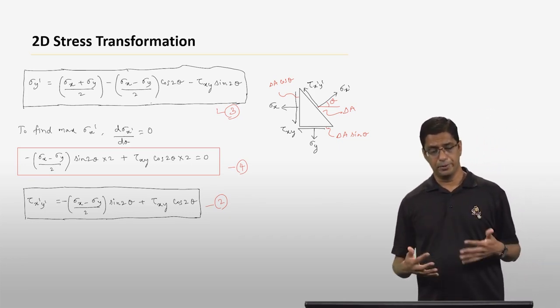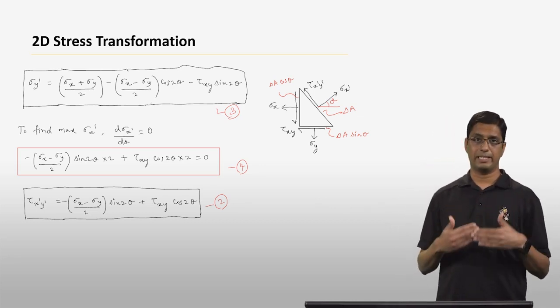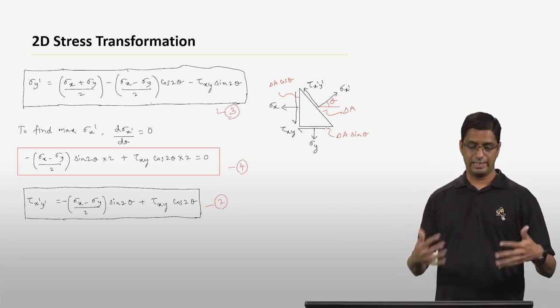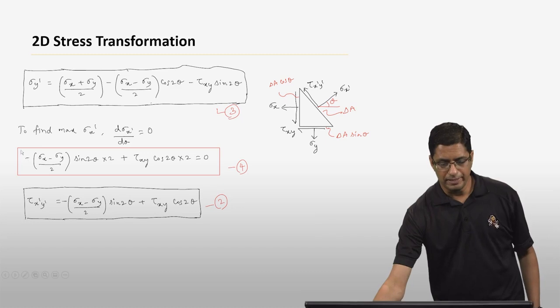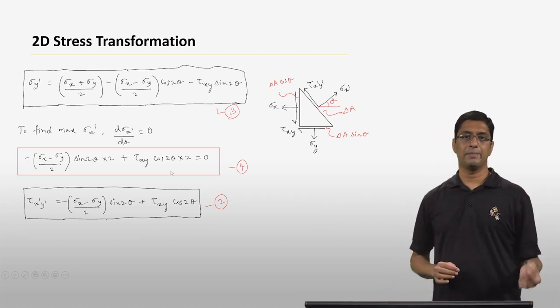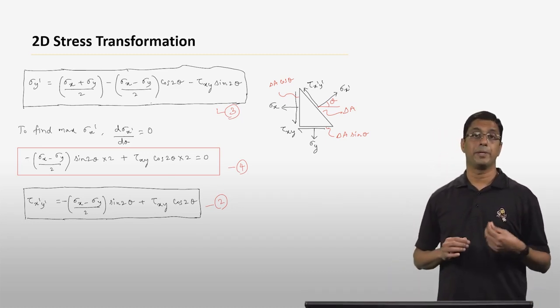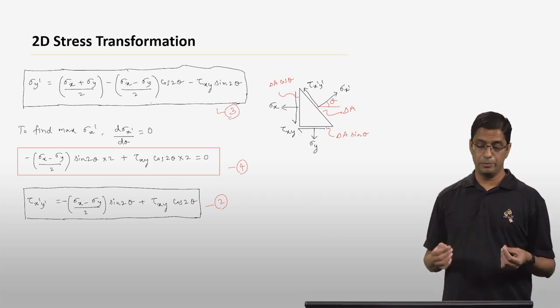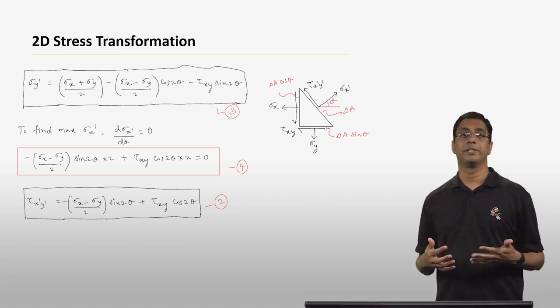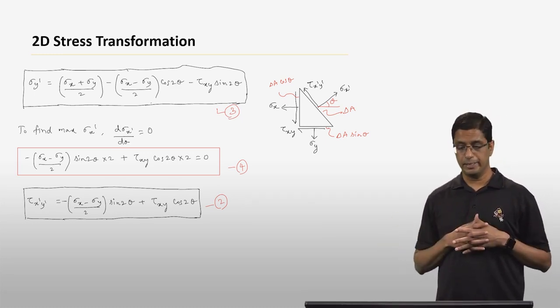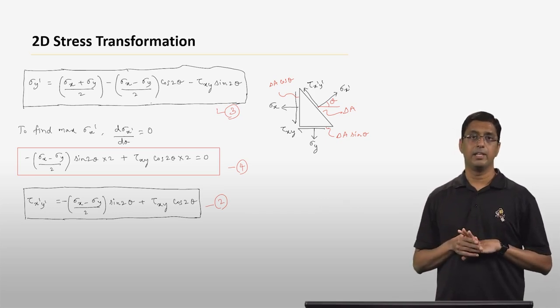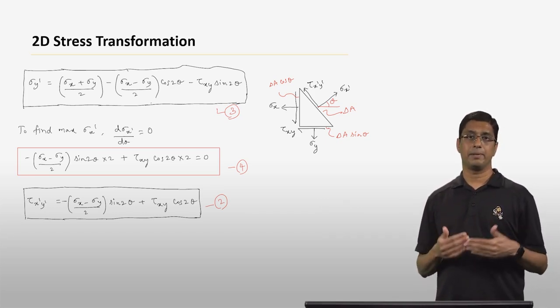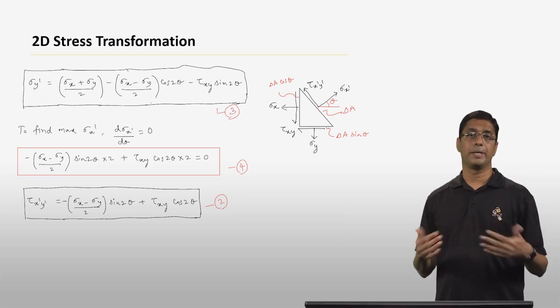Now, if you take the expression for sigma x prime, which is equation number 1, and take the derivative, you end up with an equation like this: minus sigma x minus sigma y by 2 times sine 2 theta times 2, plus tau xy times cosine 2 theta times 2, is equal to 0. Okay, so that is the expression that makes d sigma x prime by d theta equal to 0.